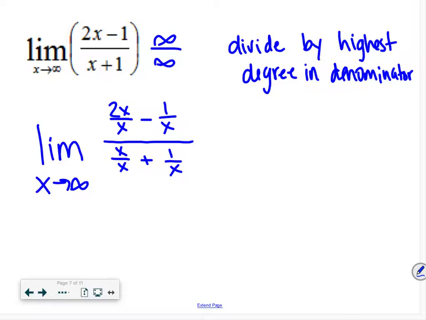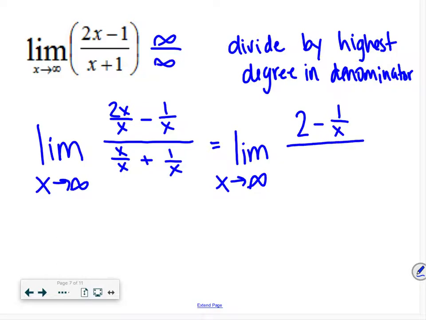Can we reduce some things there? Can 2x over x be reduced? Can x over x be reduced?